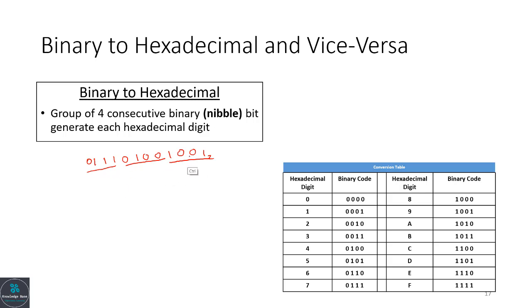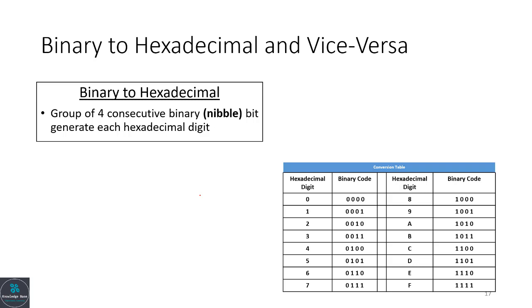So this is my 9, this is my 4, and this is my 7. So 749 in hexadecimal. Okay, that is how we convert a binary number into its equivalent hexadecimal form.